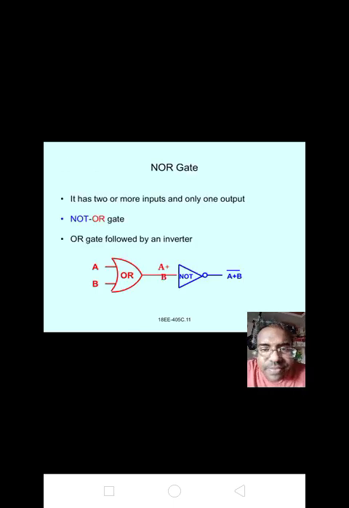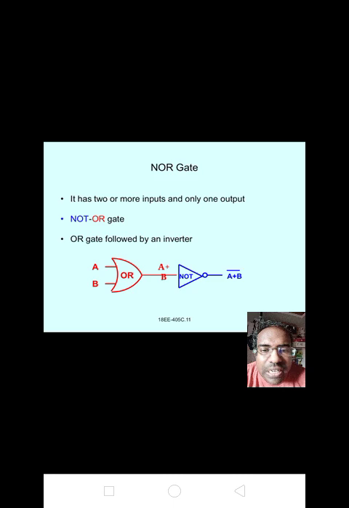Next, the NOR gate. It has 2 or more inputs and only one output. Here the NOR gate is a combination of NOT and OR gate.